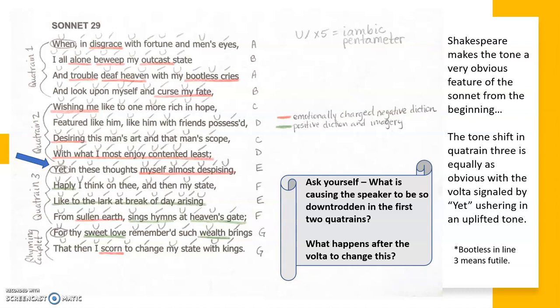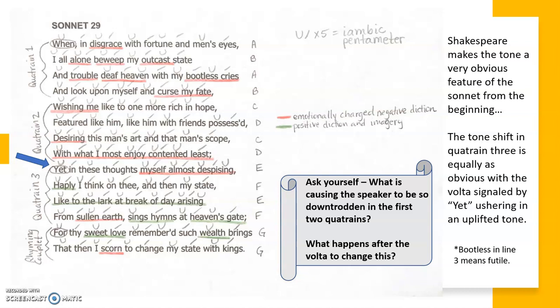And then towards the end, sullen earth and scorn. But the positive diction takes over for the most part in quatrain 3. Happily, like to the lark at break of day arising, sings hymns, heaven's gate, sweet love and wealth. So, there is definitely a change in the emotion or the tone in quatrain 3.